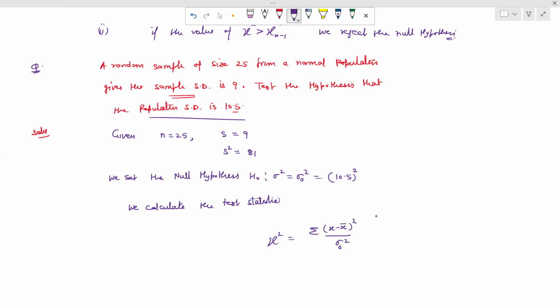So this value will equal to, that means ns square upon sigma naught square. तो एन एस स्क्वायर अपॉन सिग्मा नॉट स्क्वायर, तो n इक्वल टू कितना हमारा 25 है, और ये s स्क्वायर कितना है 81 है, और ये कितना है हमारा 10.5 टू द स्क्वायर। So we have to calculate the value of this.